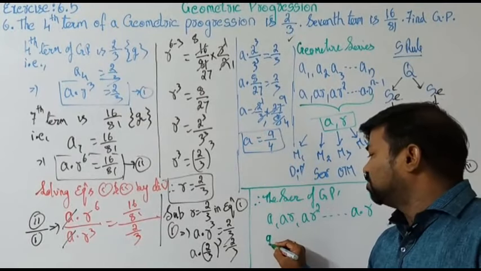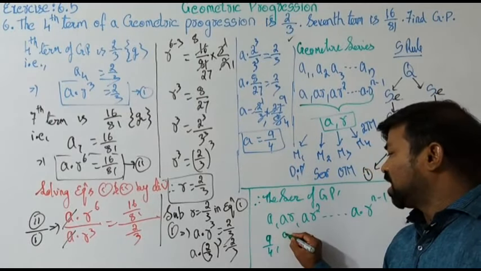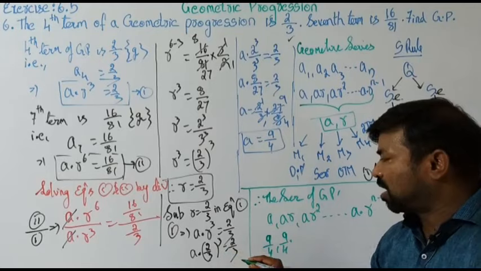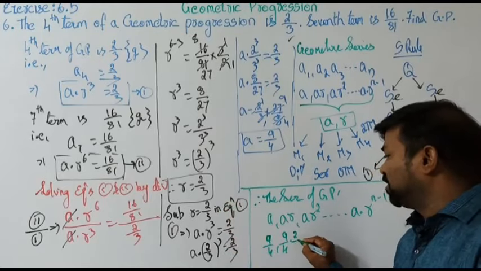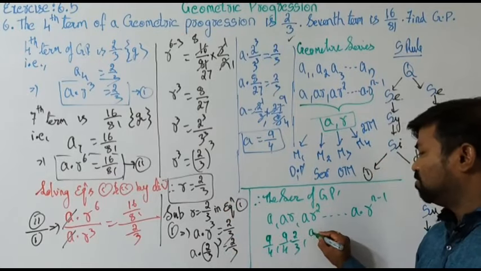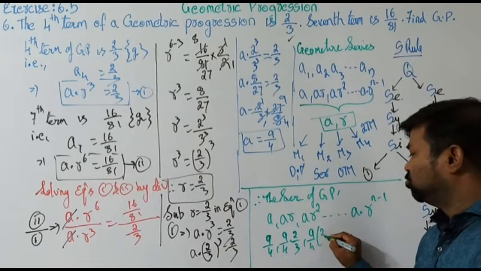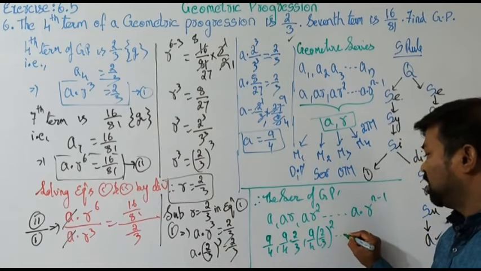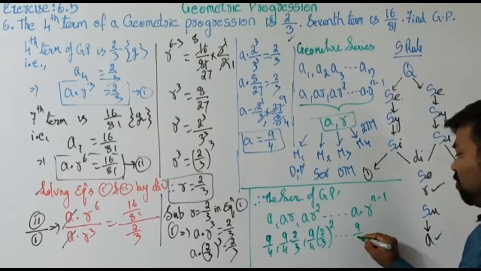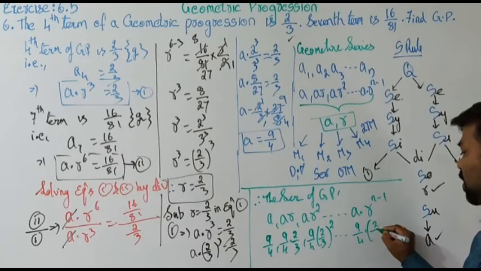What is a? 9 by 4. 9 by 4 into r. How much did you get for r? It's 2 by 3, comma, 9 by 4 into 2 by 3 whole squared and so on, 9 by 4 into 2 by 3 whole to the power n minus 1.